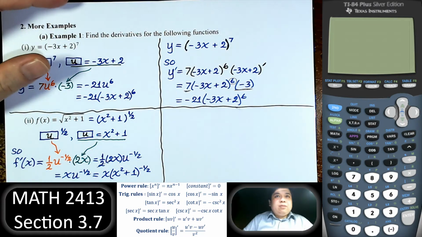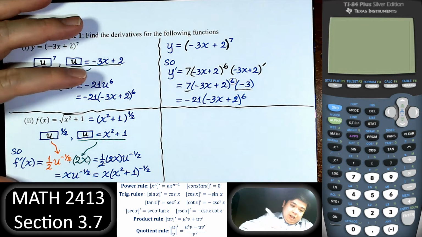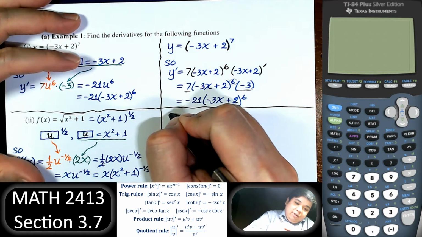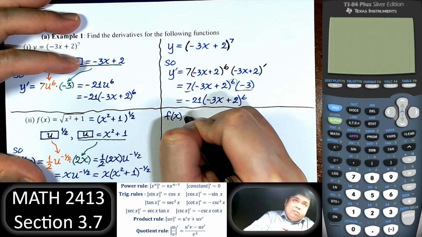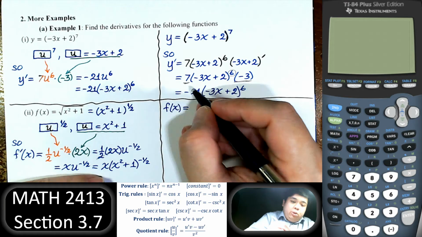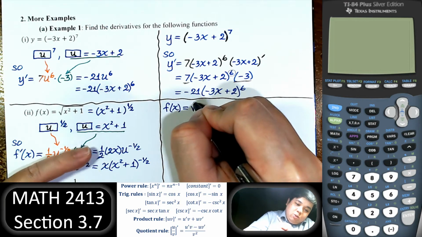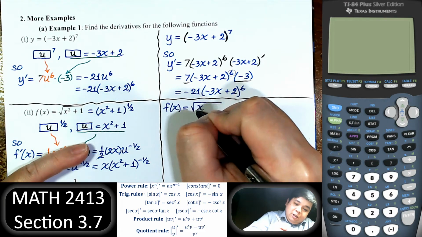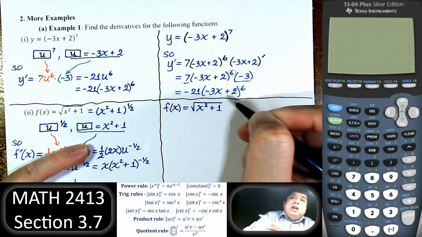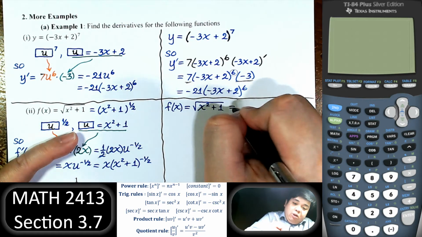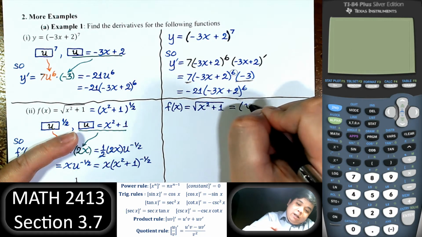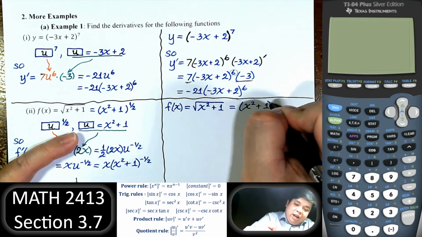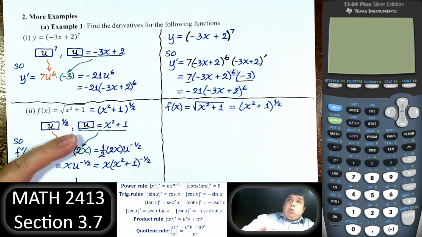Right. Simple enough, right? Next, we have f of x equal to square root of x squared plus 1. And as usual, if we see that, I prefer to write this as x squared plus 1 to the 1/2, because of the power 1/2.